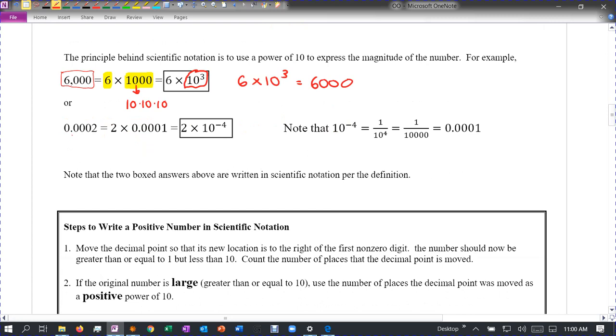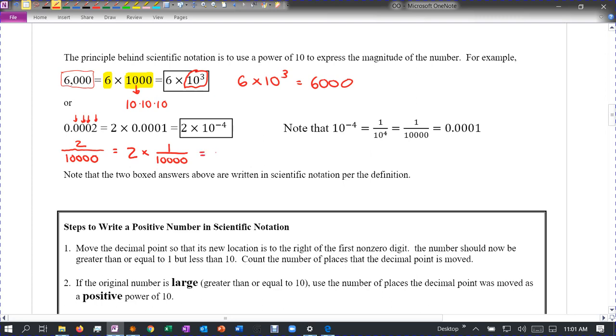Another one here, if we have 0.0002, remember that when we were doing place values a while back, this would be the same as 2 over, we would count the places, tenths, hundredths, thousandths, ten-thousandths, so that would be 10,000 on the bottom. Now that's the same as 2 times 1 over 10,000.